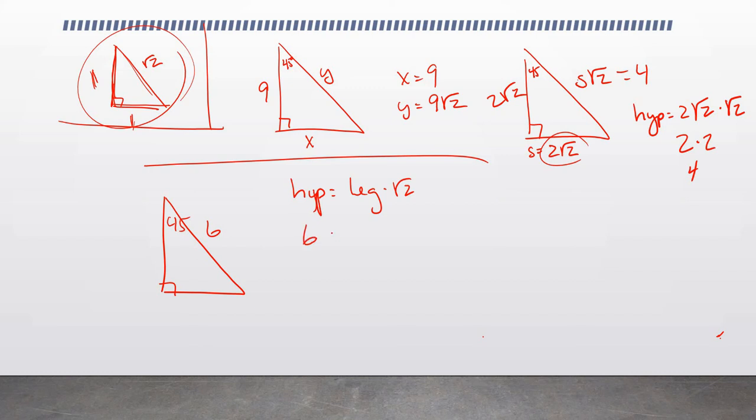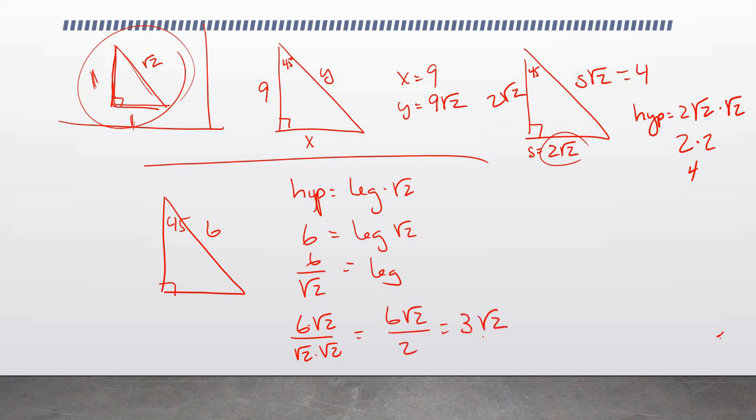Okay, the hypotenuse is 6, and that's going to be the leg times root 2. Then the leg is 6 divided by root 2. And since I always have to rationalize the denominator, multiplying top and bottom both by root 2, I'm going to get 6 root 2 over 2, which is 3 root 2.